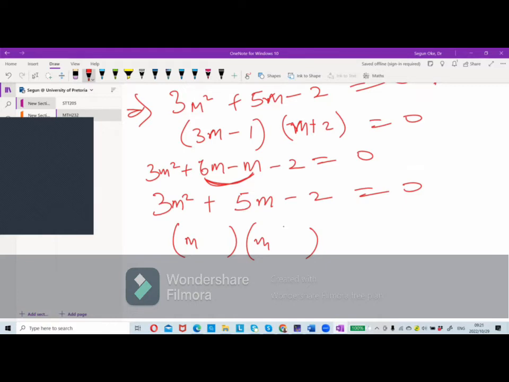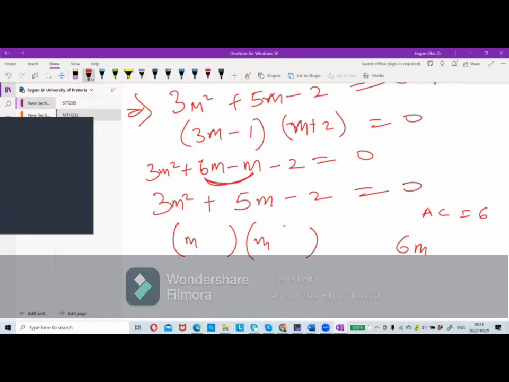Now, how do I get 5m? I know that if I use the AC method, 3 multiplied by 2 will give me 6. Now, if this gives me 6, already I know I have 6m in between, and I need 5m.